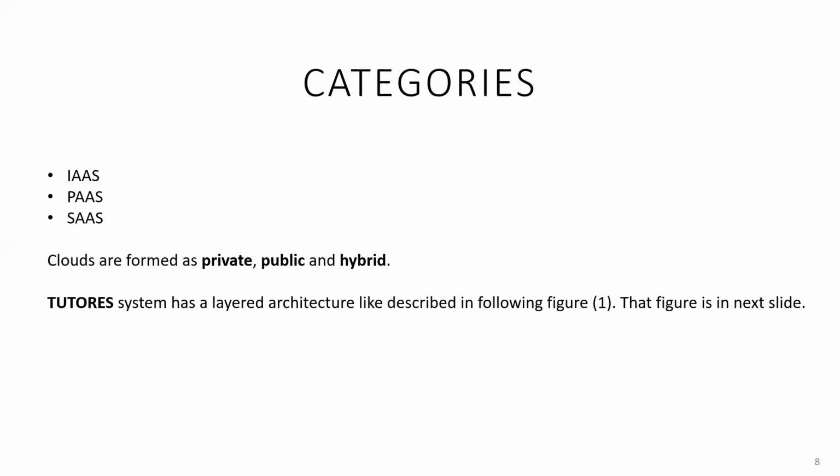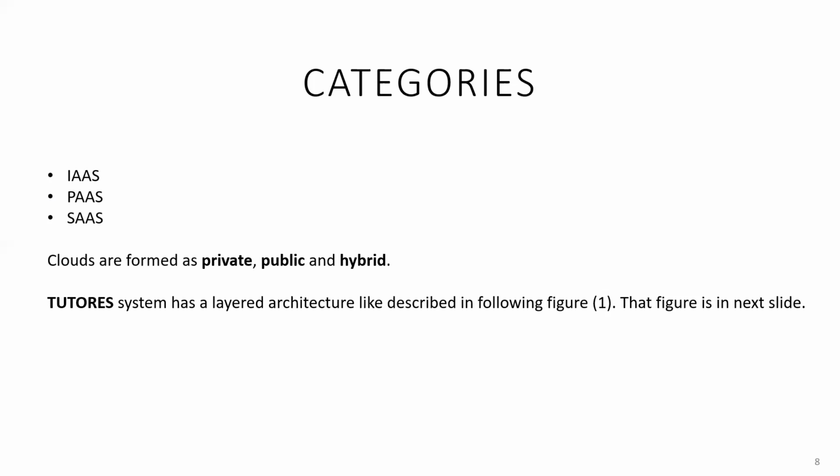PaaS stands for Platform as a Service, and it gives cloud segments specific programming that are being utilized for applications. We have SaaS, which stands for Software as a Service. It conveys applications over the internet. Furthermore, clouds can be defined as private, public, or hybrid, depending on who owns the infrastructure where the system is running, whether it is the firm or a cloud service provider.